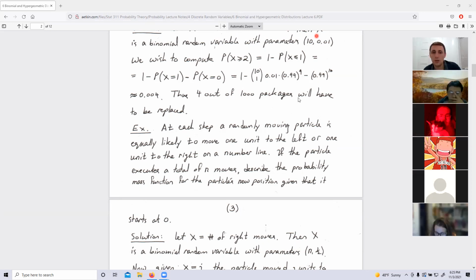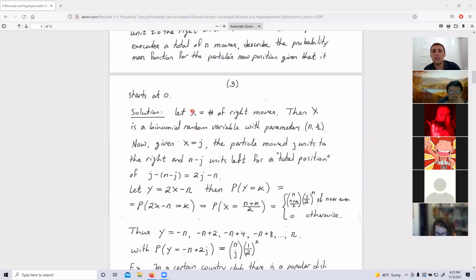Good. So let's say X is the number of right moves. Then the rest must be the number of left moves, and X then is a binomial random variable with parameters n, we have n trials, and probability 1/2. Now, if X is equal to J, where is the particle going to be located?